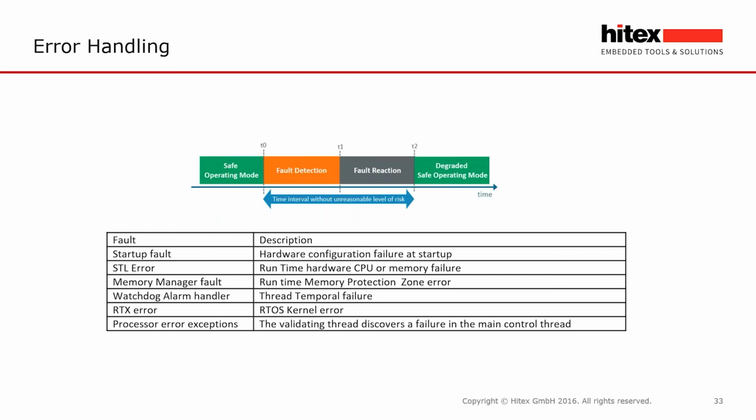So as I mentioned, we now have quite a hierarchy of faults within our system, beyond just a basic RTOS fault or a processor exception. So we can consider and take more sophisticated approaches to managing faults within the system, either try to recover the system or put ourselves into a safe operating mode.